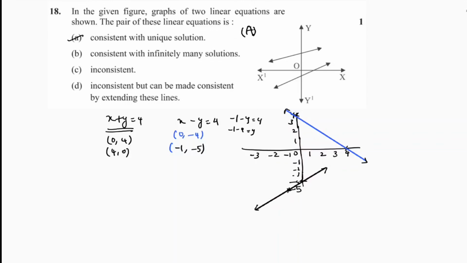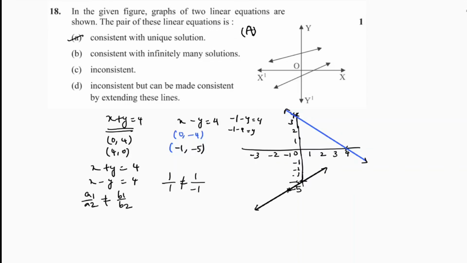Now if I check these lines, we will not say that if you extend them they will become intersecting. If I ask you what type of lines these are, you'll check with the condition: if A1 by A2 is not equal to B1 by B2, the lines are intersecting. Here 1 by 1 does not equal 1 by minus 1.